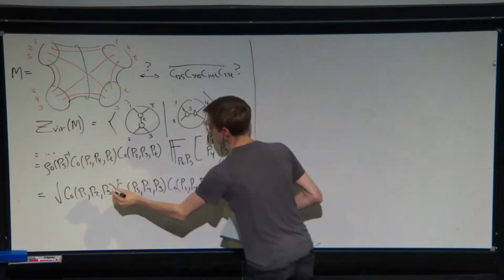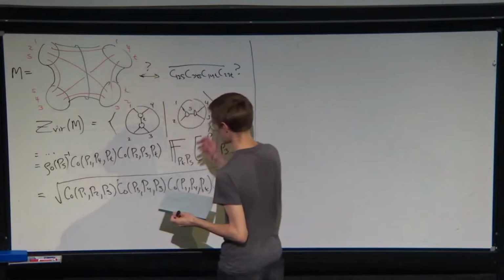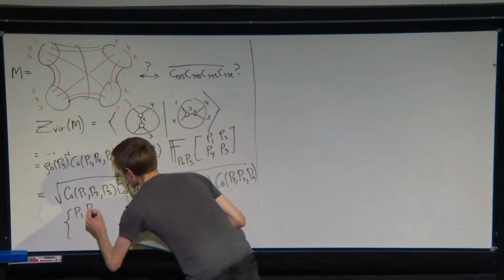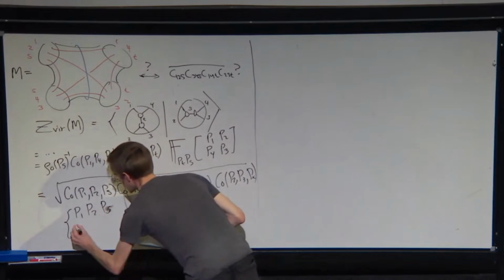So you see this is just the square root of the product of all the C0s corresponding to these boundary spheres, times this object, PS, P3, P4, PT.